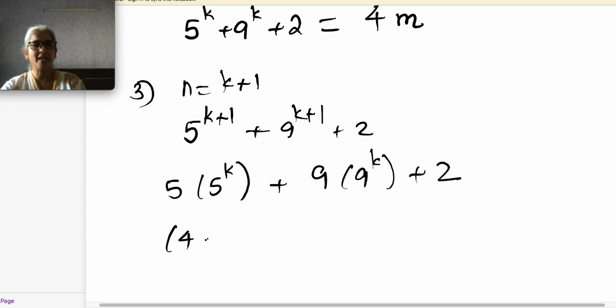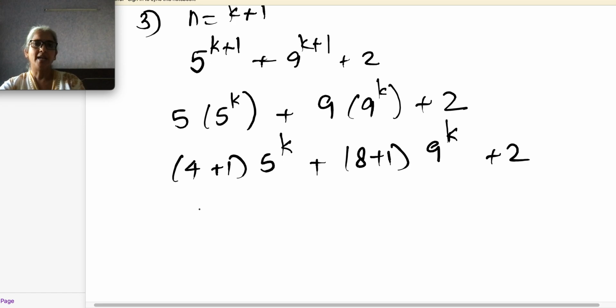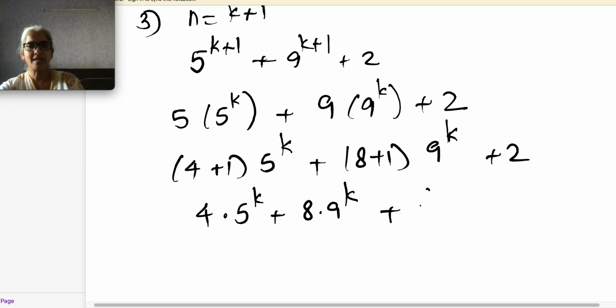So let me divide this 5 into a multiple of 4 and the other number. Same thing, this 9 also is a multiple of 4 and the other number, and plus this 2 as it is. And then I have 4 times 5 raised to k plus 8 times 9 raised to k plus what is left is 5 raised to k plus 9 raised to k plus 2.